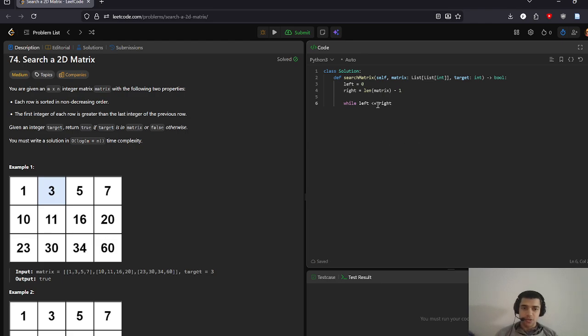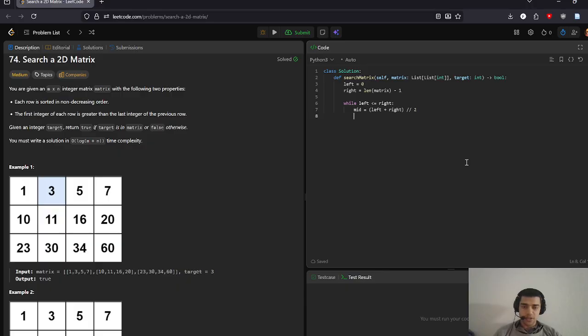I did or equal to because it is possible that we will have a list that has only one element. So in that case, the left is going to be equal to the right. So I'm going to calculate the mid equal to left plus right over 2. This allows us to get an integer, the floor of this calculation.